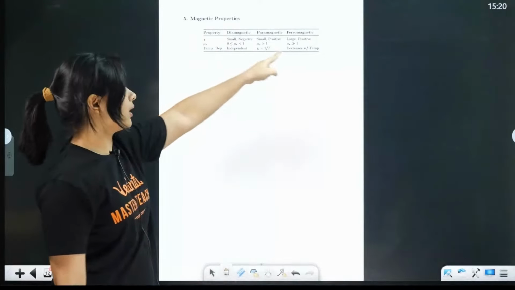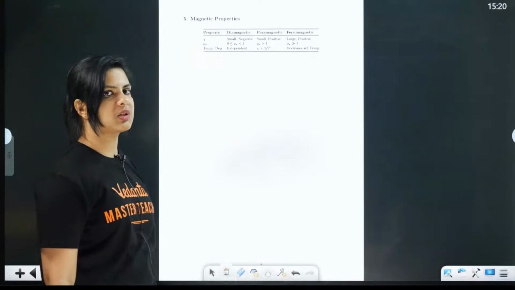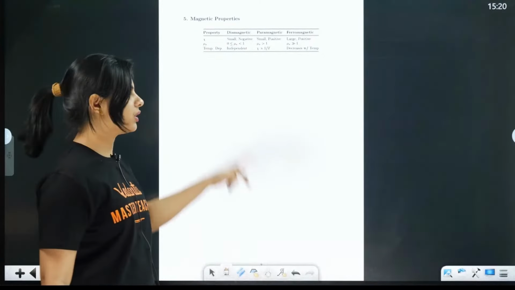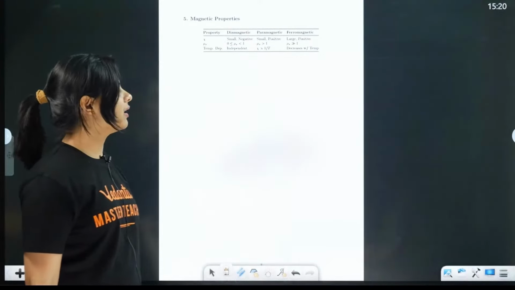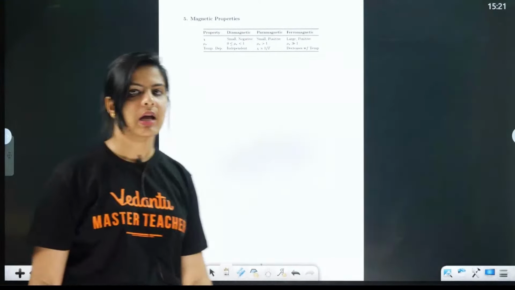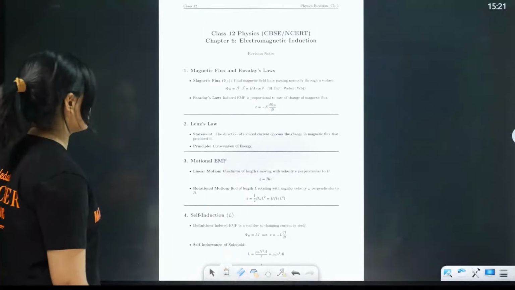If you know the relation, you can go for this. In temperature dependence, diamagnetic does not depend on temperature, paramagnetic is inversely proportional to temperature, and ferromagnetic decreases with temperature. So you should know the temperature dependence also.